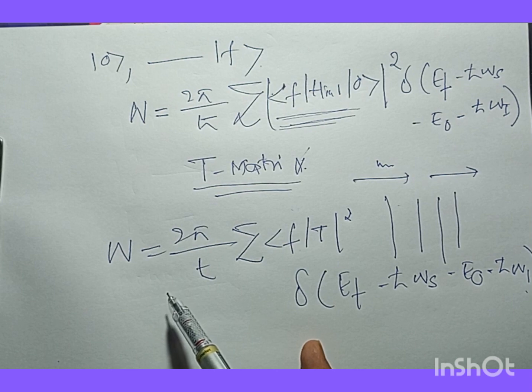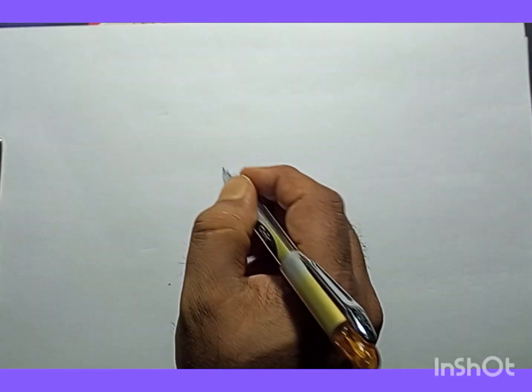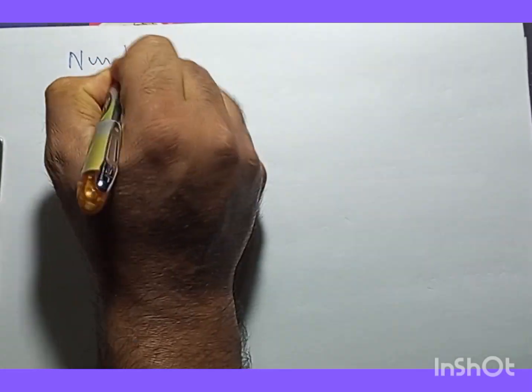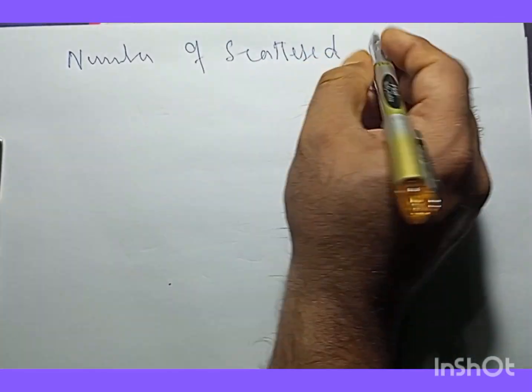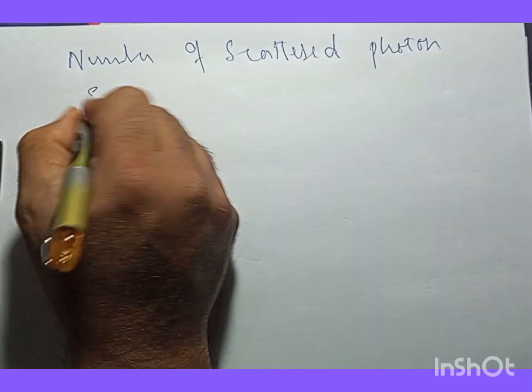What is important here is the number of scattered photon states.